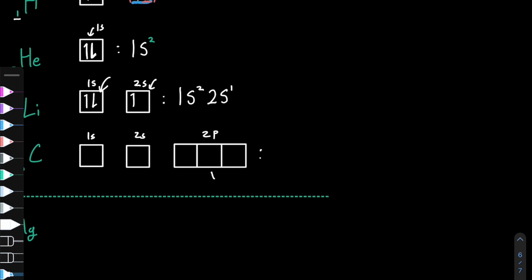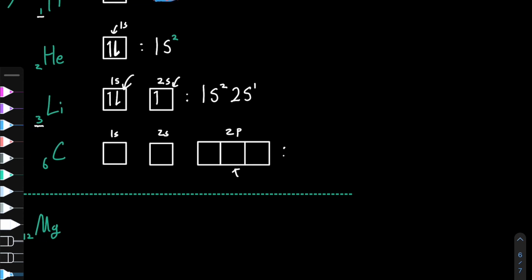Alright. Now, carbon in its neutral state has 6 electrons, so due to the fact that Hund's rule applies, 1s fills in, 2s fills in, then 2p fills in. The first s is filled in, the second s is filled in, and then finally the second box of 2p is filled in.